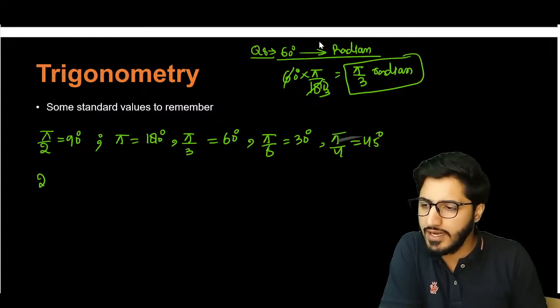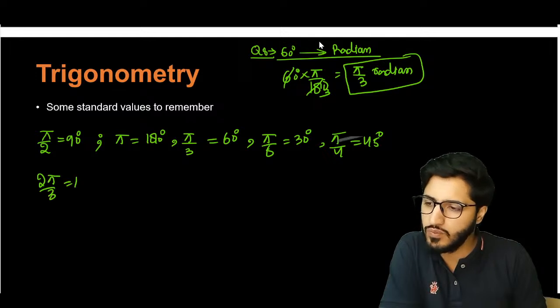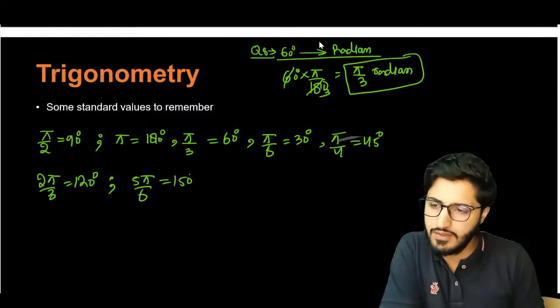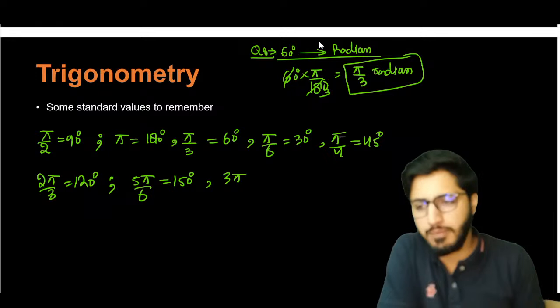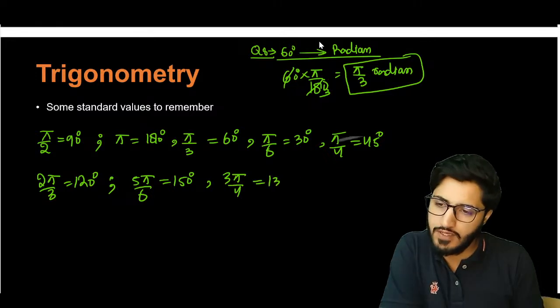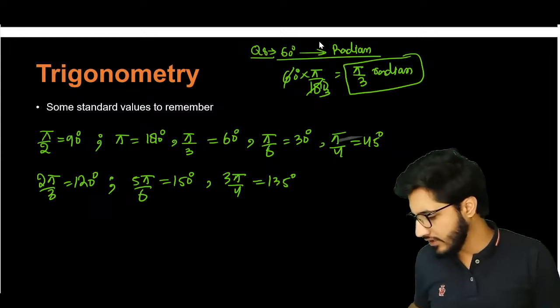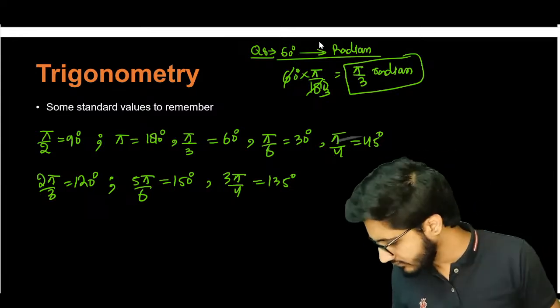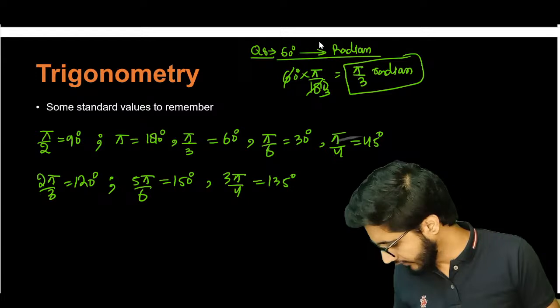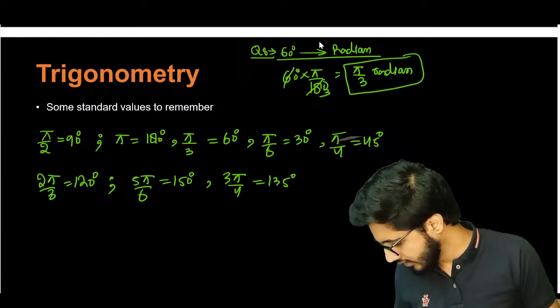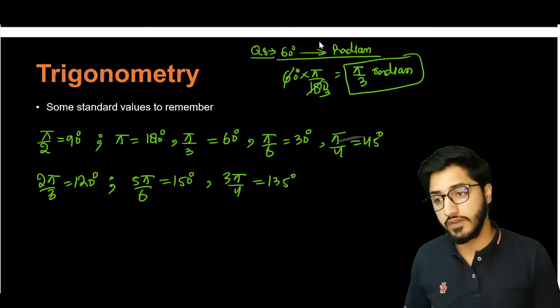You can write 2 pi by 3, it is 120 degree. And 5 pi by 6, it is 150 degree. Or 3 pi by 4, it is 135 degree. If you can remember these values, it will be better for you to get your numerical done in a very quick way.